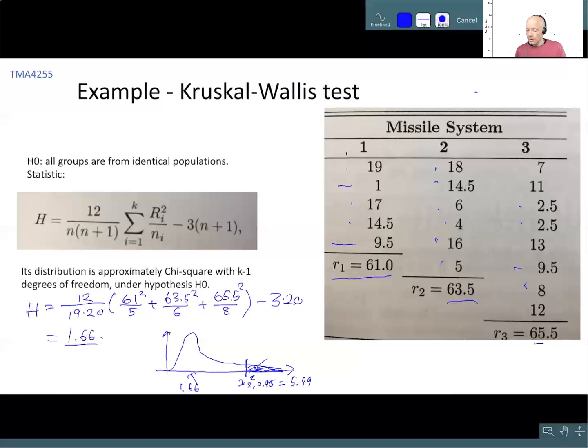So here we do not reject the hypothesis. We say that, okay, actually it seems like they all come from the same population. They can maybe be pooled together. There's no difference between the missile systems.